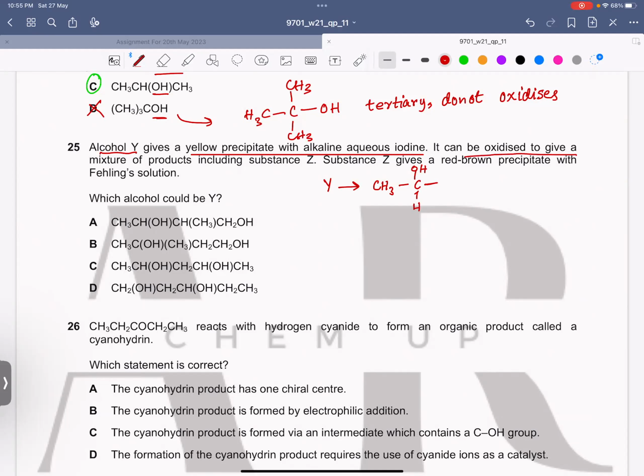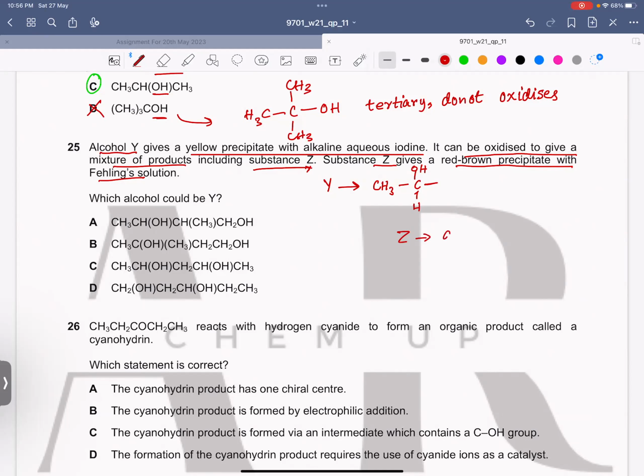It can be oxidized to give a mixture of products, including substance Z, a substance that gives a red-brown precipitate with Fehling's solution. So it clearly indicates that if substance Z gives a red-brown precipitate with Fehling's solution, Z can be an aldehyde.